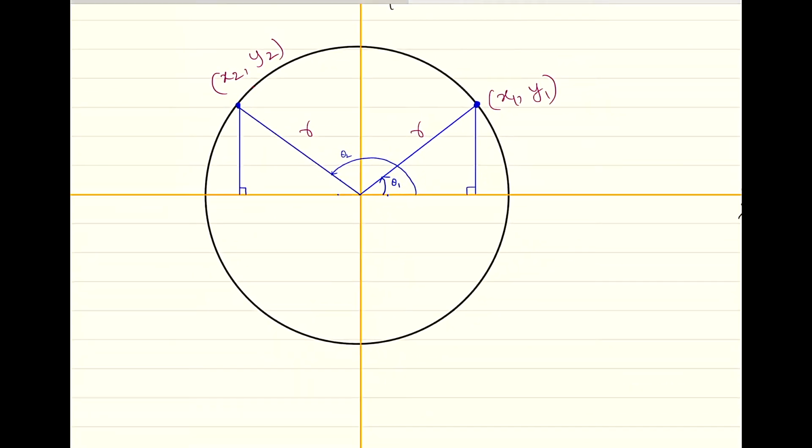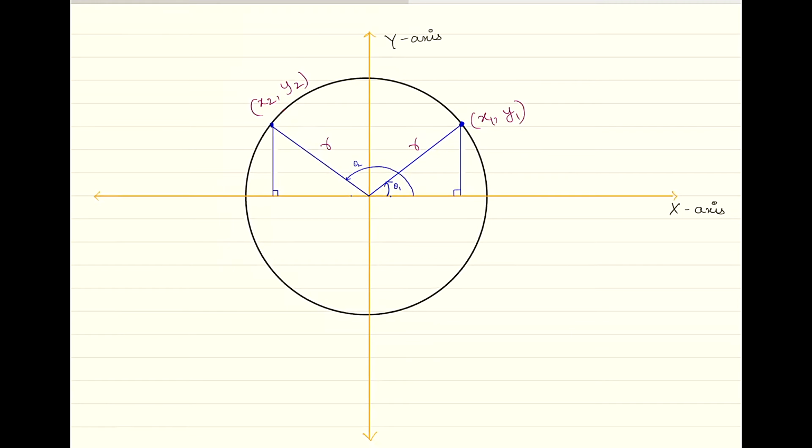Okay, so all of you know, in 10th class you might have learned in coordinate geometry that there are two axes. One is x-axis, another is y-axis, and this point is called as origin. Alright, 0, 0. So now let's take a circle with center at 0, 0 and some radius r.